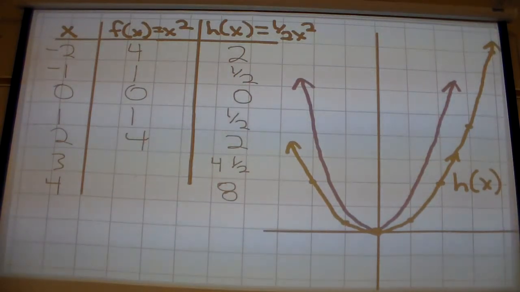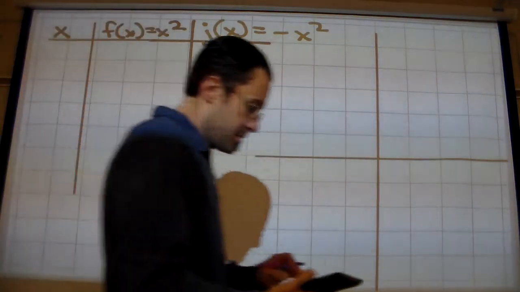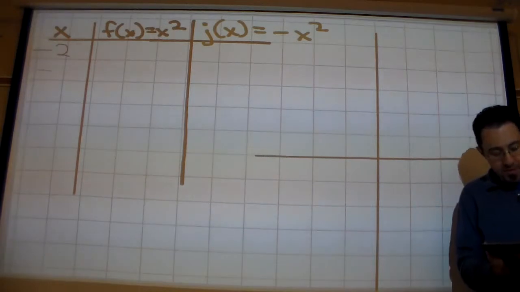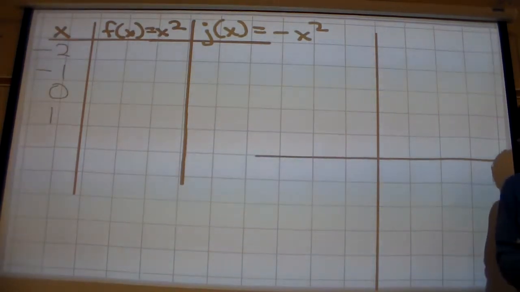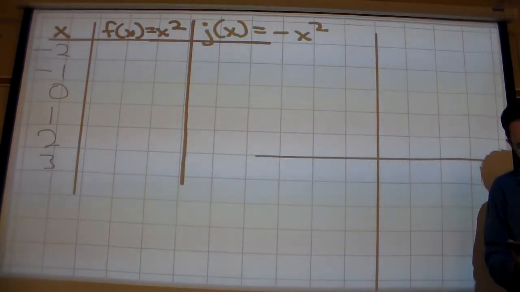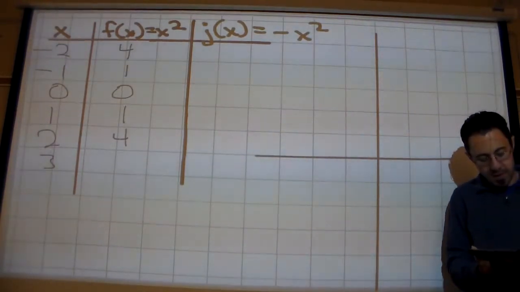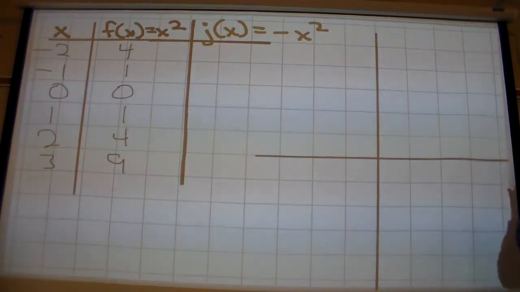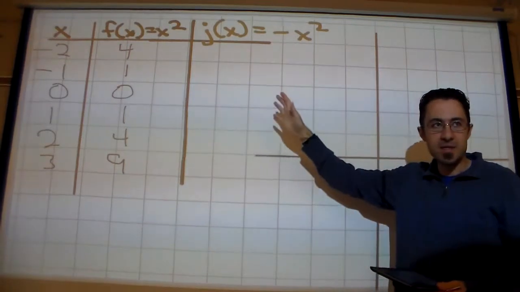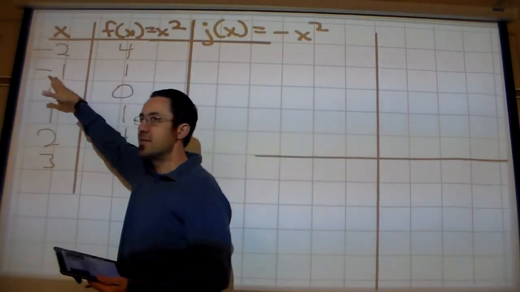Okay? Let's do something completely different. Let's throw a negative out in front. So now we got negative x squared. So we know we got 4, 1, 0, 1, 4, and 9. Here's x squared. We want negative x squared. That is different than squaring a negative.